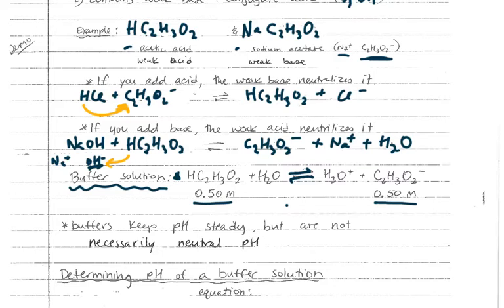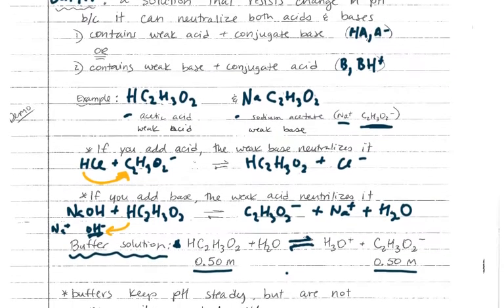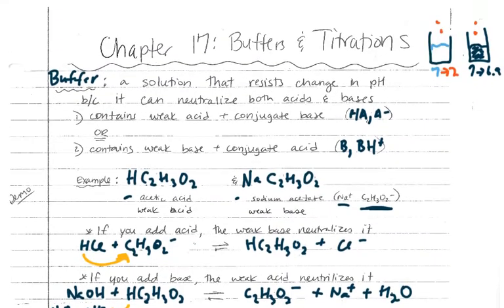So buffers keep pH steady, but an important thing to know is that they aren't necessarily at a neutral pH. In my example up here, I showed you that the buffer was at a pH of 7 because we were comparing it to water. But you can make buffers that are set at different pHs.